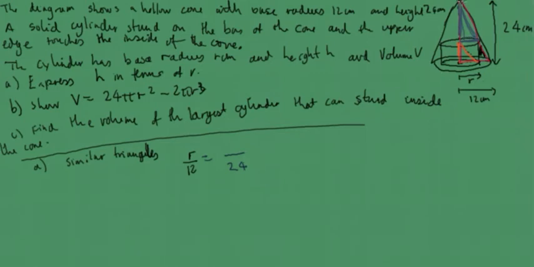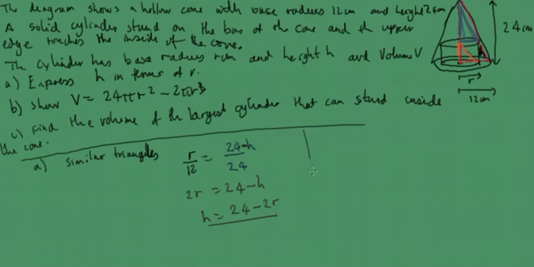So we use this one, so it's going to be 24 minus h. So I want to rearrange this so that we're making h the subject. So 2r is going to be 24 minus h. So h is going to be 24 minus 2r.